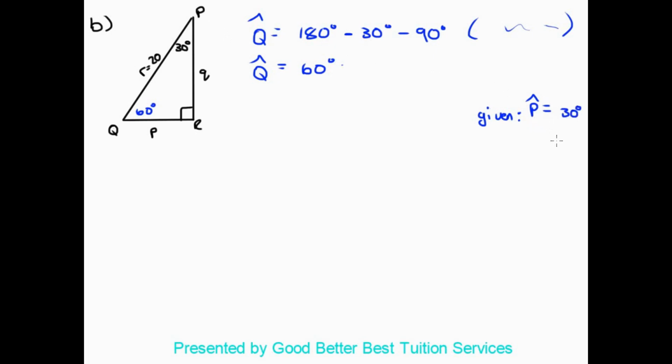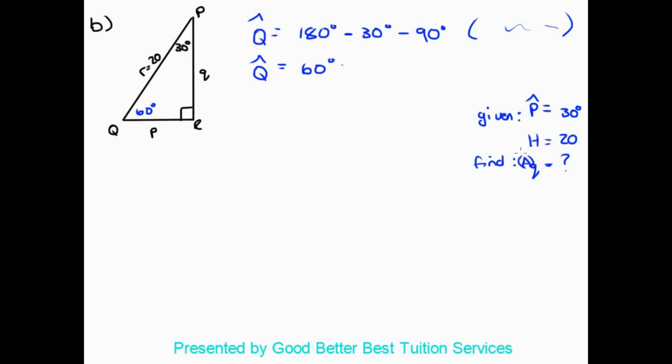So P is equal to 30 degrees. Then we're also given the hypotenuse over here, which is equal to 20. What we need to find is our side Q, right? Which is also our adjacent side.